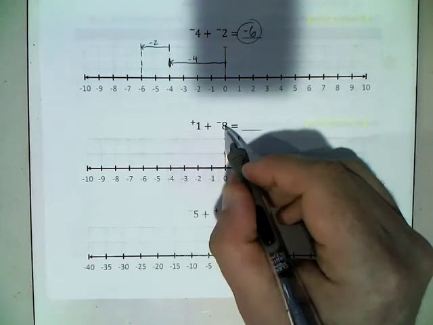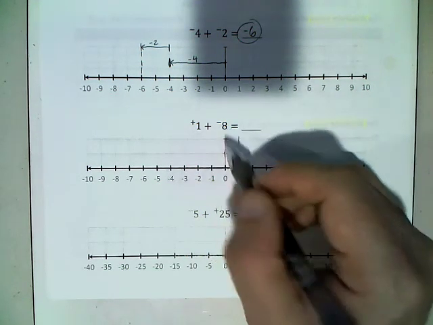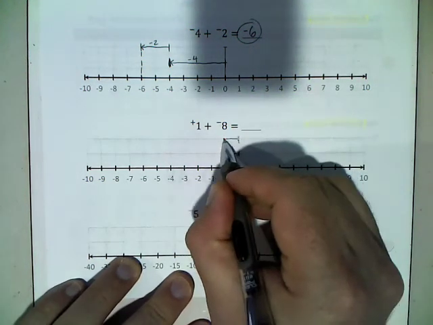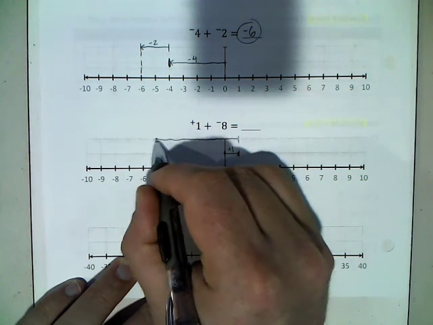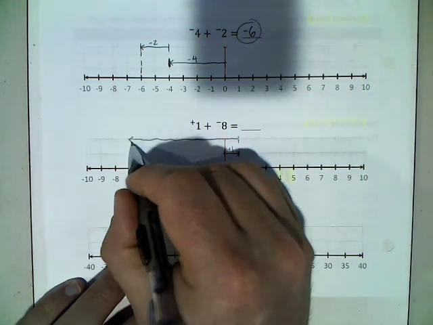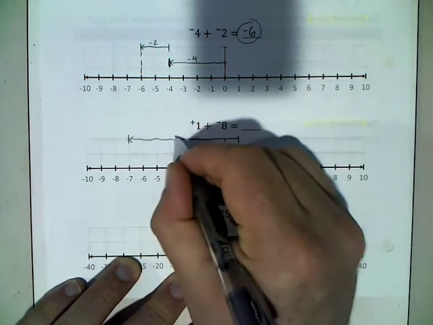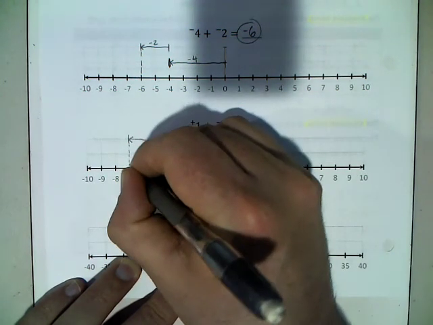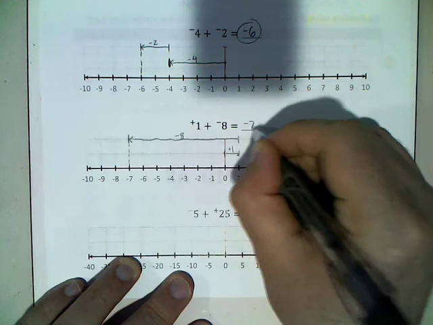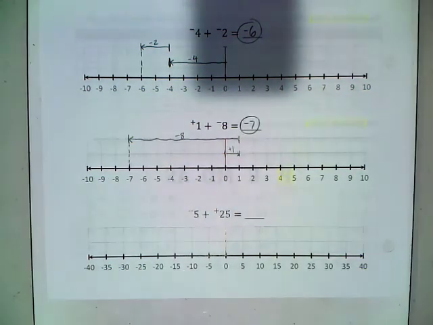The next number, -8, tells me to go 8 units, but take them to the left. So 1, 2, 3, 4, 5, 6, 7, 8 units to the left. That's my -8. Dash line down. Our answer is -7.